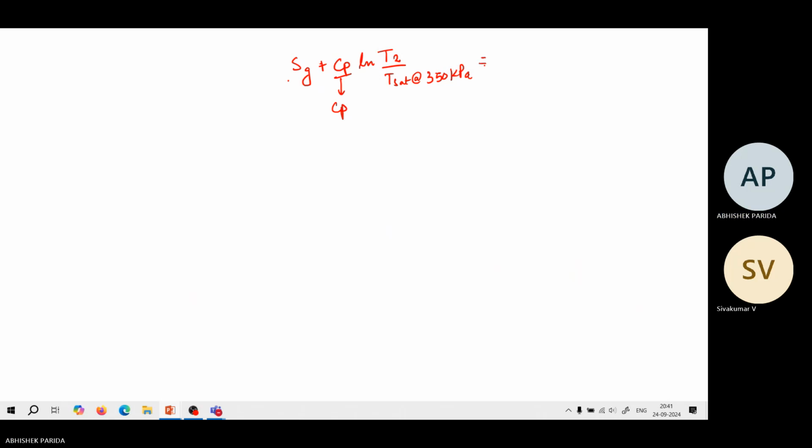You can take the value from the internet, or if you have the R134a pH chart, you can refer to that directly. From there, if you equate it with S1, you will find T2. That T2 will help you find H2. That also you have to do by interpolation.